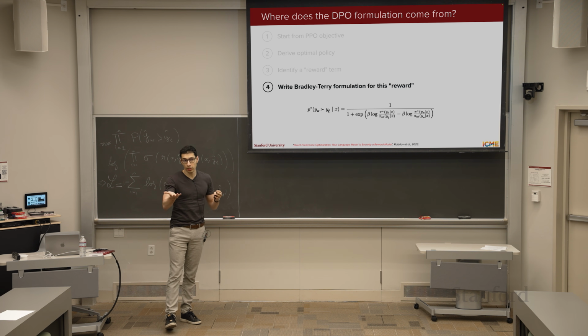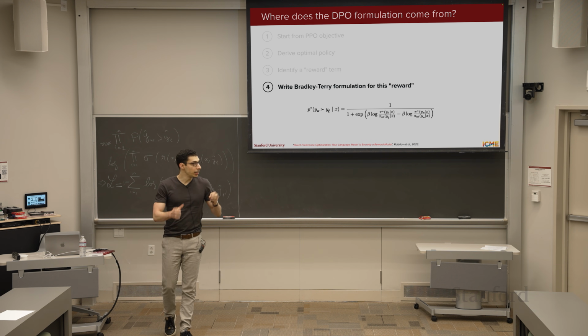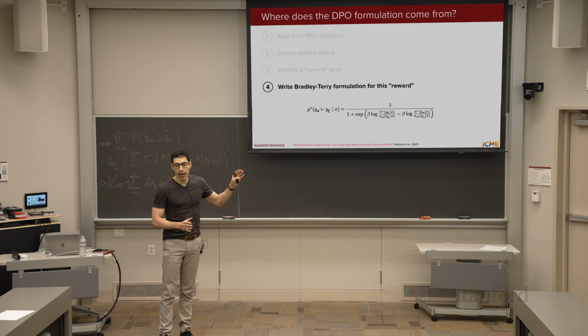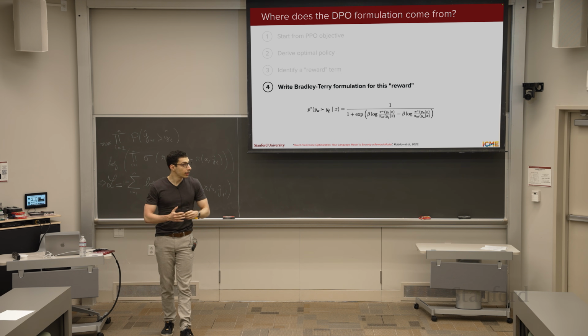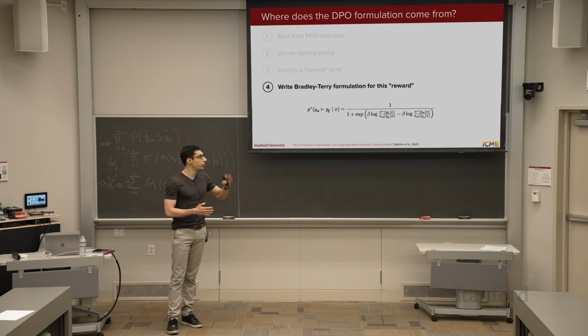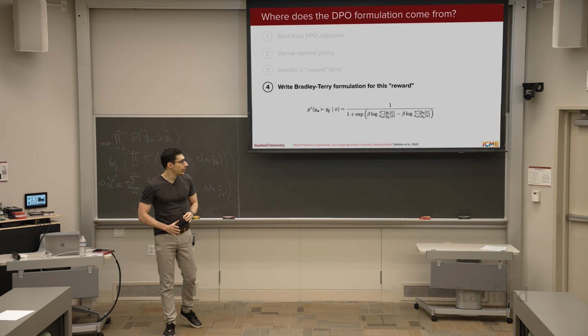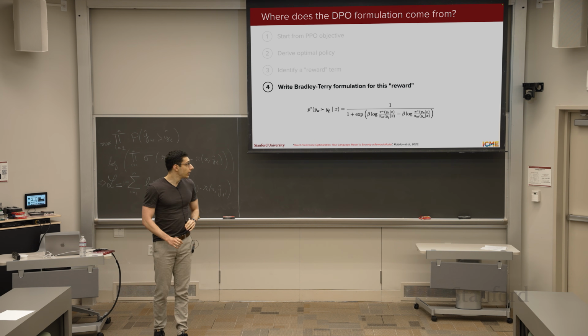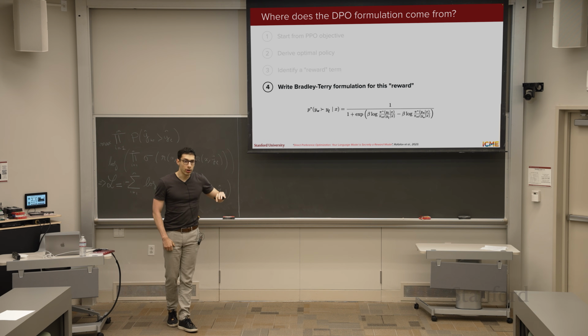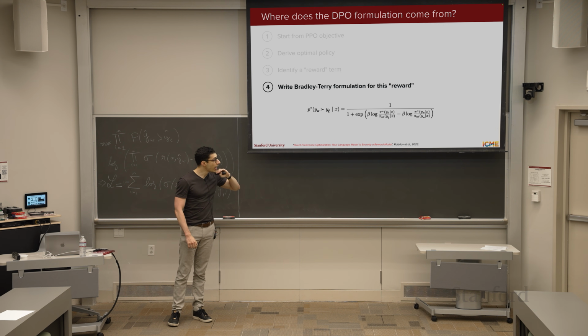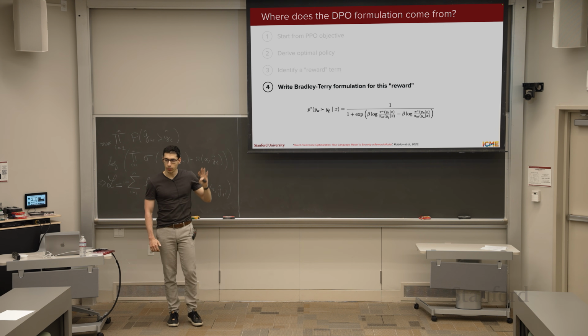So they took this formulation again and plugged in the expression they had obtained for the optimal reward, which we had seen was a function of the policy. So at the end of it, you have no more rewards, just a function of the other parameters. So you have this beta and only the policy in there.